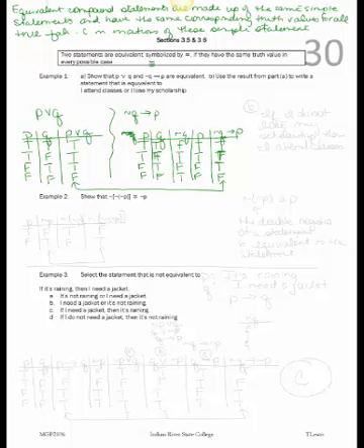Now it says here, use the result from part A to write a statement that is equivalent to I attend classes or I lose my scholarship.